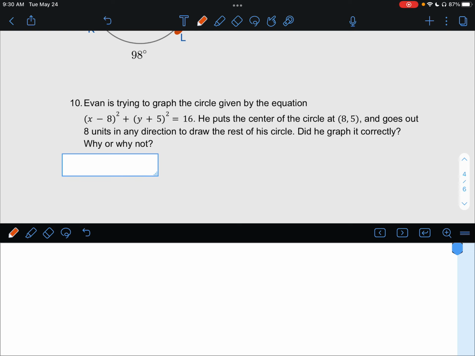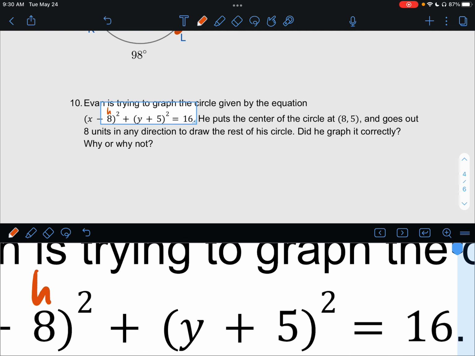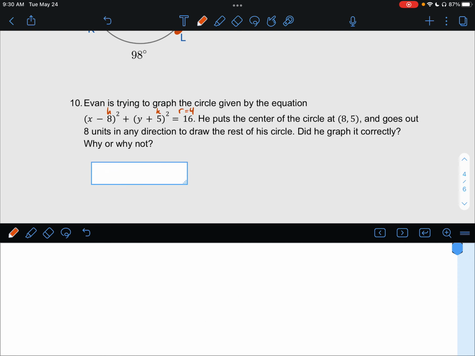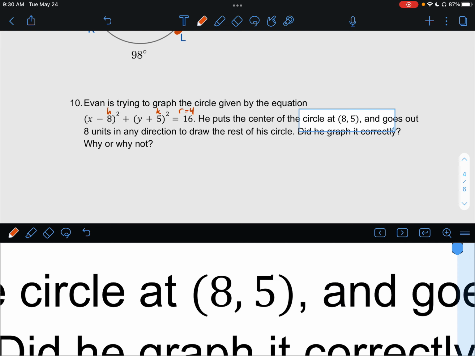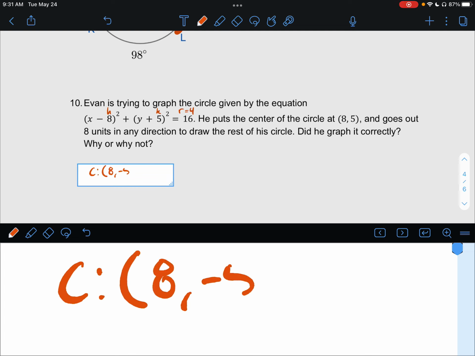Given this equation, it should be x minus h, which means 8 is h, plus y minus k, which means negative 5 is k, equals r squared, which means r should be 4. The square root of 16 is 4. So he put his center at 8, 5, but our center should actually be at 8, negative 5.